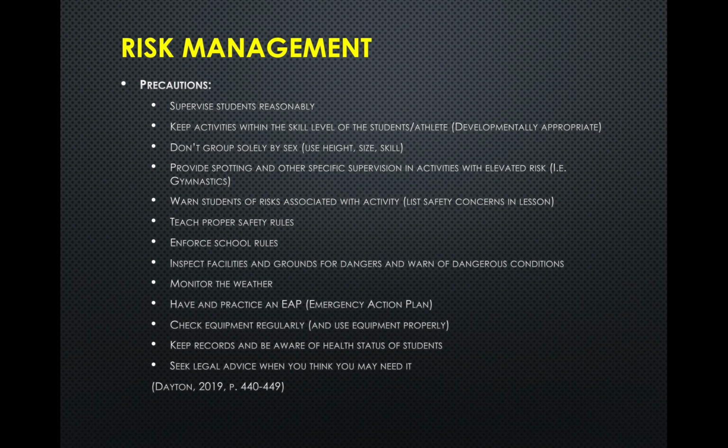That could be very problematic for you, right? Same with safety goggles or shin guards. If you've got equipment meant to protect the students' eyes or their shins in a soccer lesson, you should make sure it's functional. And if it's not, it needs to be replaced because it could cause some damage.